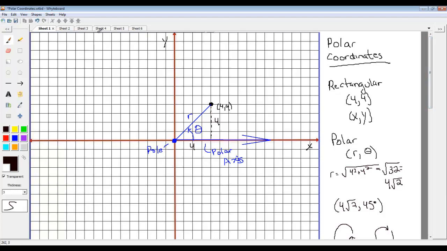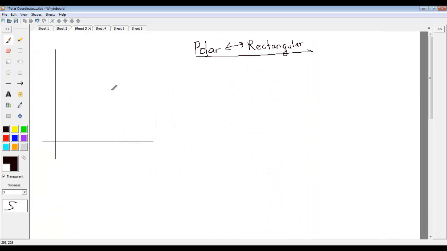And that's exactly what we're going to be doing here. Okay, let's say you have a point out here, x, y. Right now we're looking at it as rectangular coordinates.